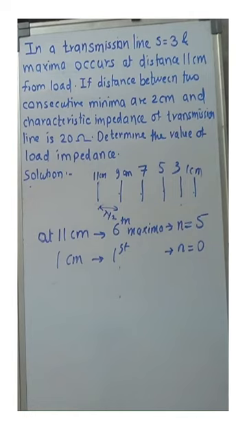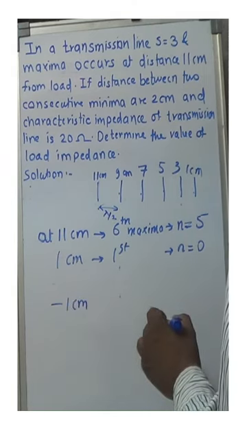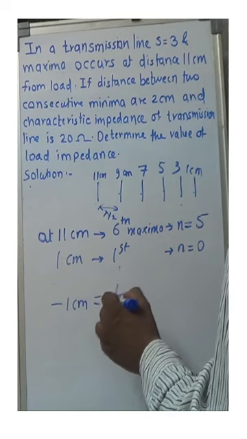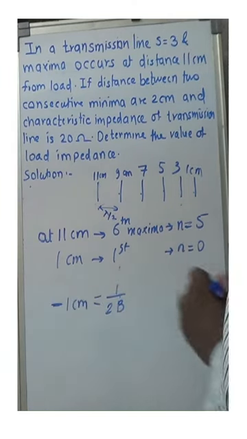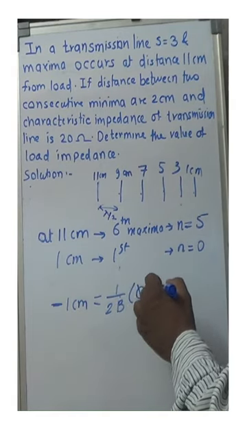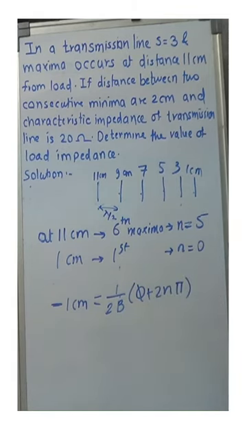Now I will write the equation for maxima: minus 1 centimeter, that is x maxima is equal to 1 upon 2 beta, with minus 1 taken, times (phi plus 2n pi). Remember, this is 2n plus 1 for minima, and for maxima it is 2n.